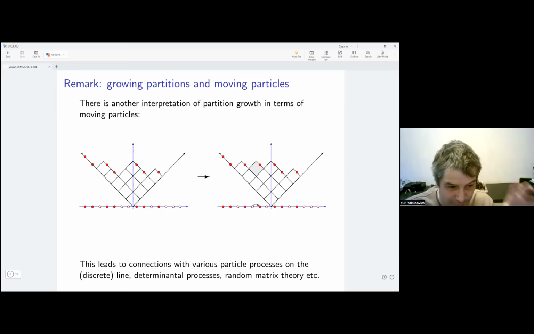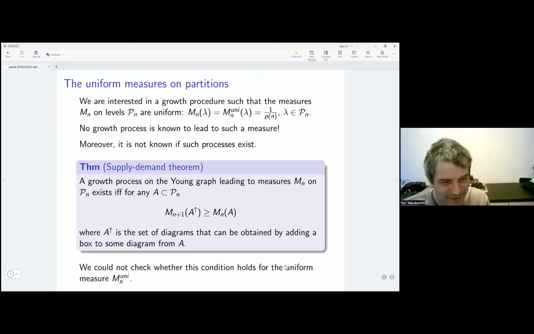There are no stacks of particles here. This simple picture connects these growing partitions to procedures of mathematical physics and so on. I won't talk about it, I just wanted to mention it to somehow connect my talk to integrable systems.